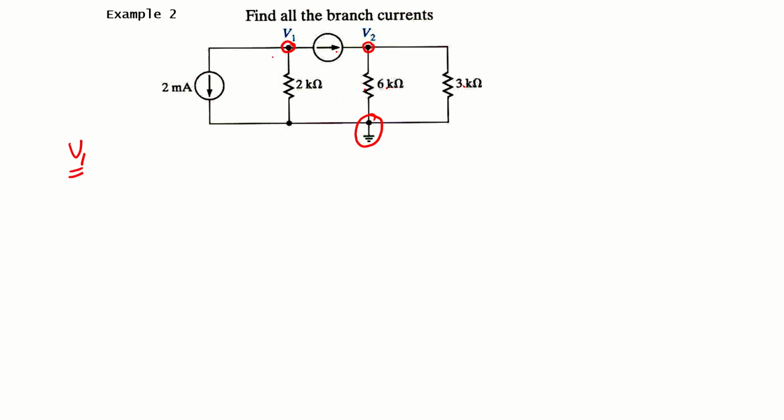Again we will assume that all currents are leaving. So I assume that this current is leaving from this node, the current through 2 kilo ohm, and then this current, which we don't know actually. And secondly, for the V2, again we will assume that all currents are leaving.